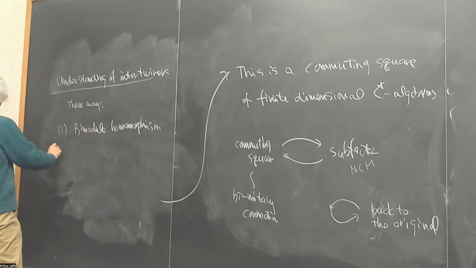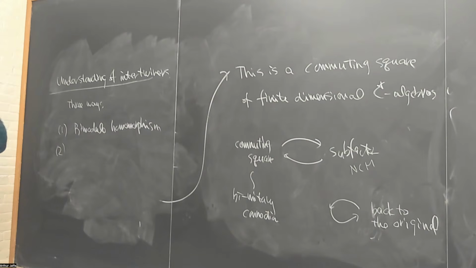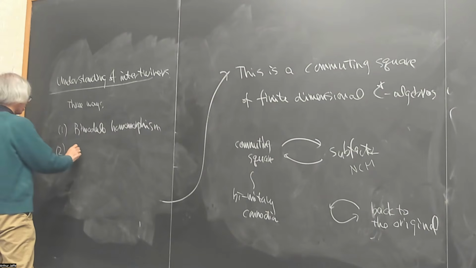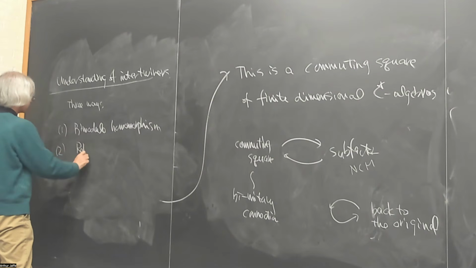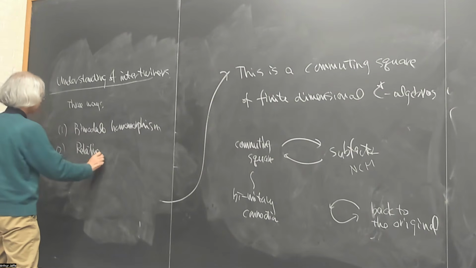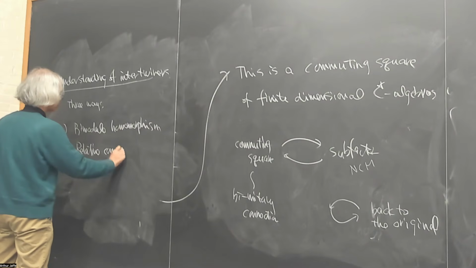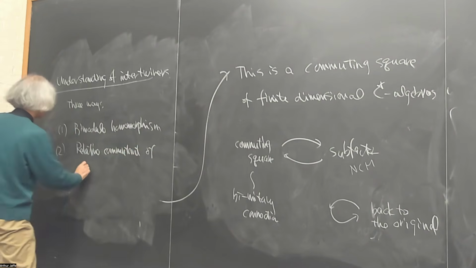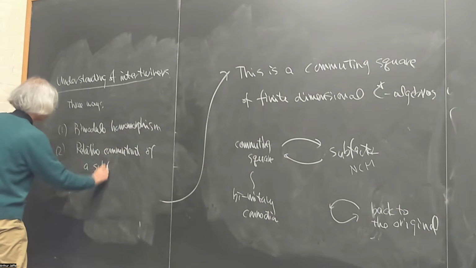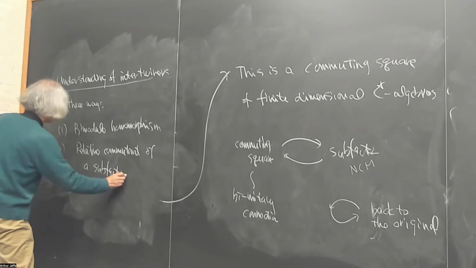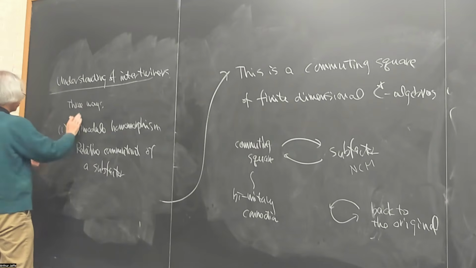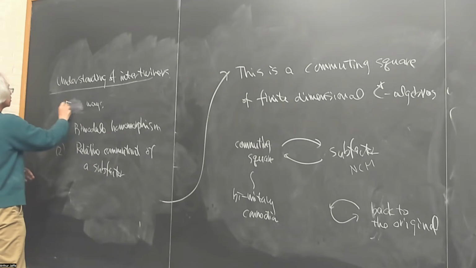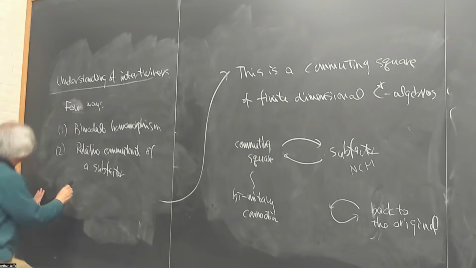The next one is the bi-relative commutant, the subfactor.